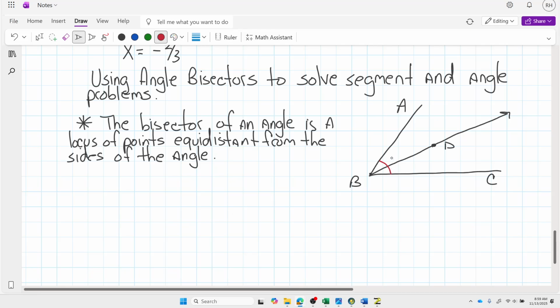It cuts it into two equal angles. So in this case, ray BD is an angle bisector.